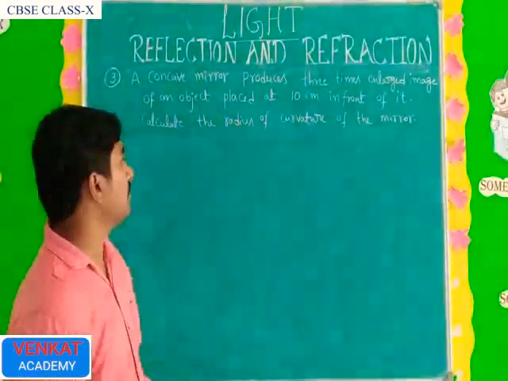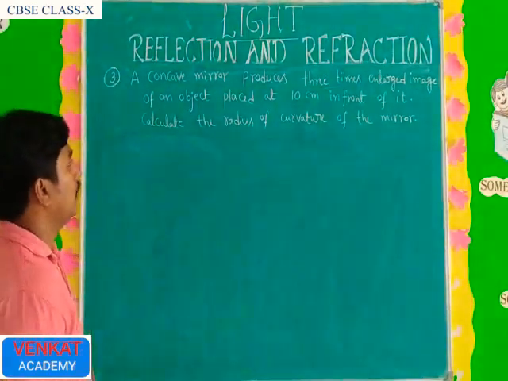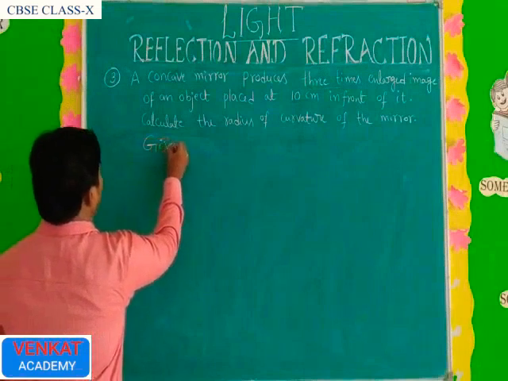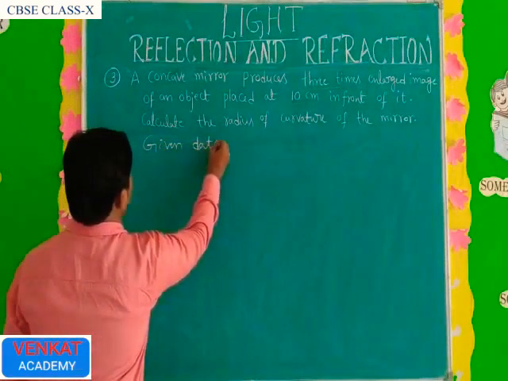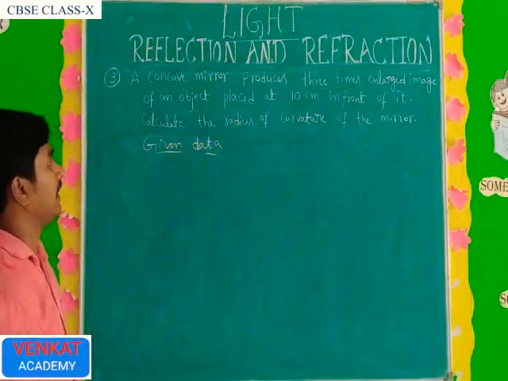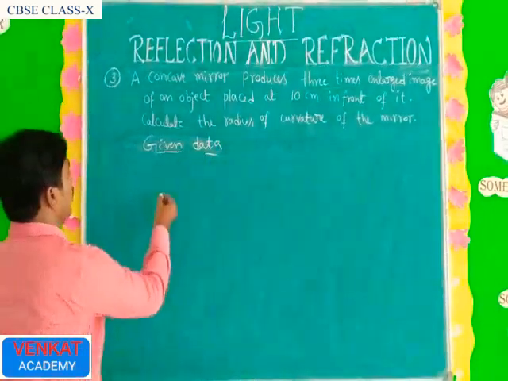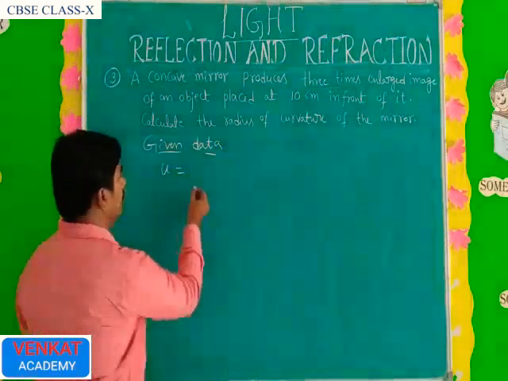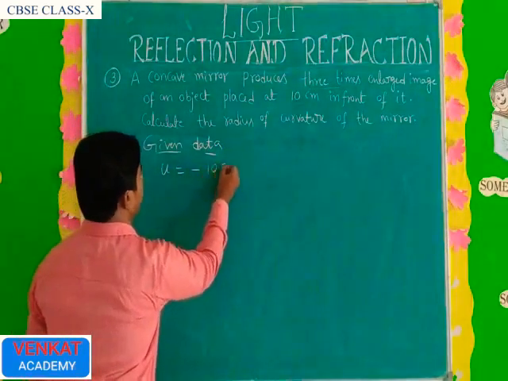Then how to find it? The very important thing is, first of all you have to write the given data. The given data is: object distance, always negative, minus 10 centimeter.